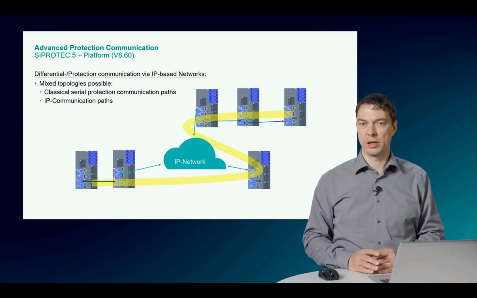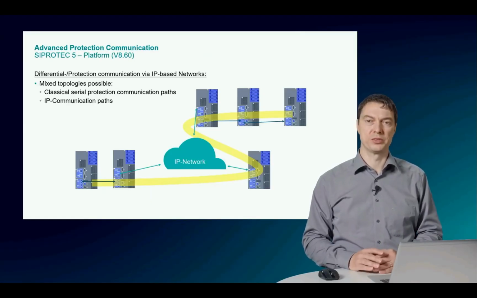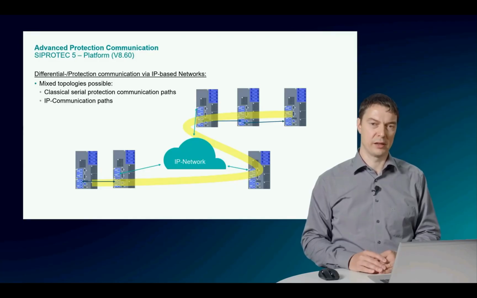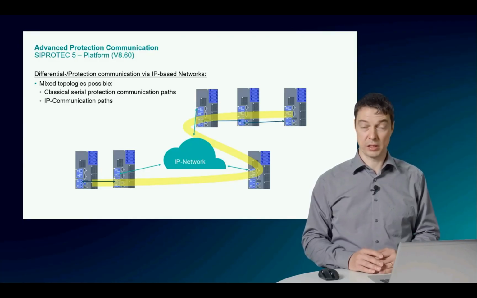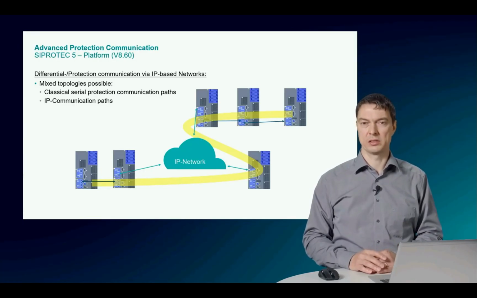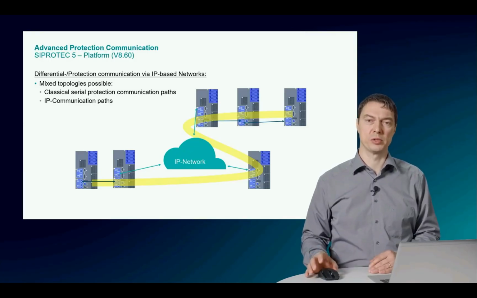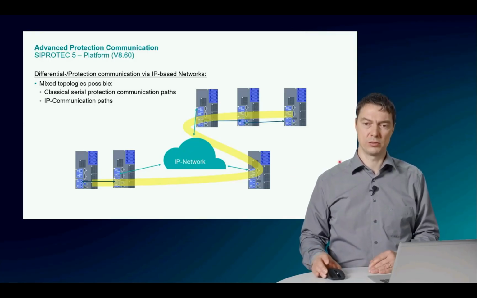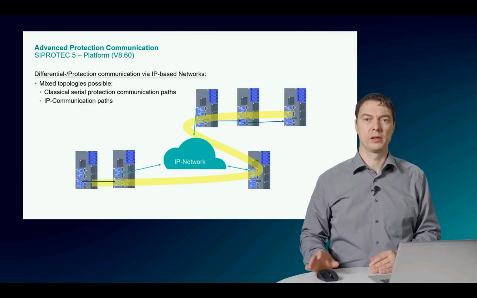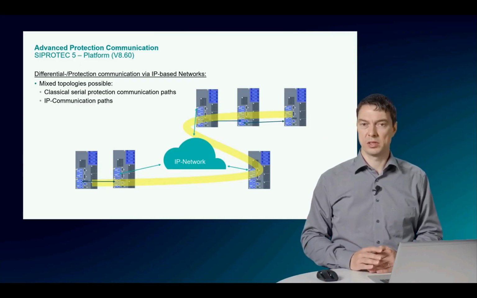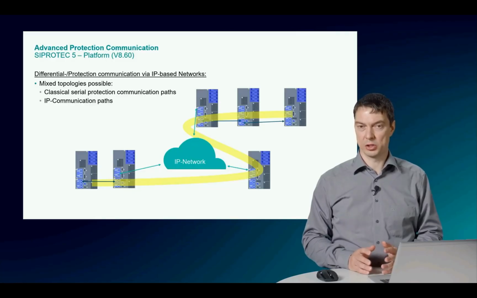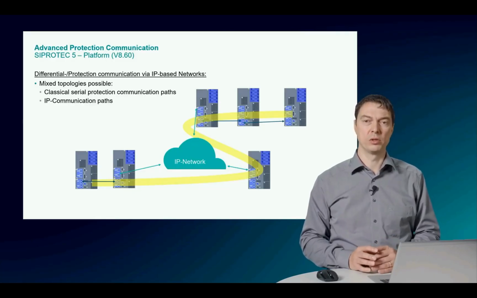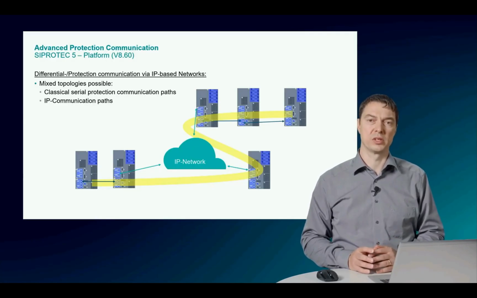Also, very complex mixed topologies of serial communication paths and IP-based communication paths can be realized, as long as a chain structure is possible between the devices, which is marked with this yellow line. Please note that the external synchronization in such an arrangement is only required for the devices using the IP-based line differential protection.